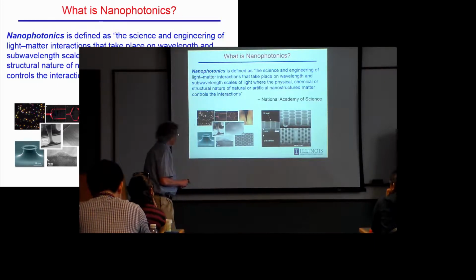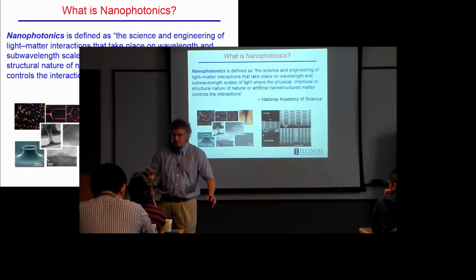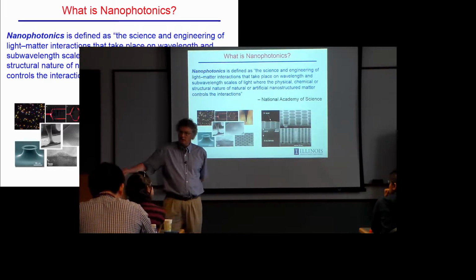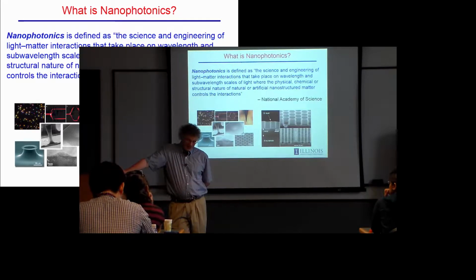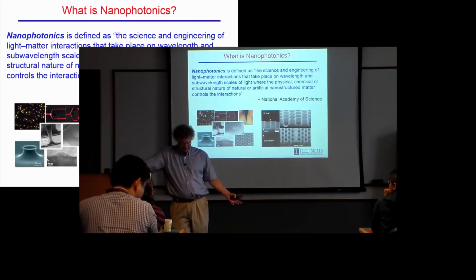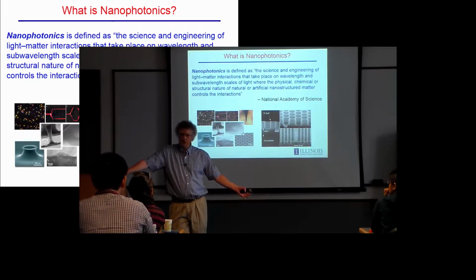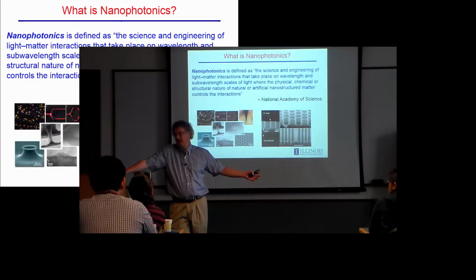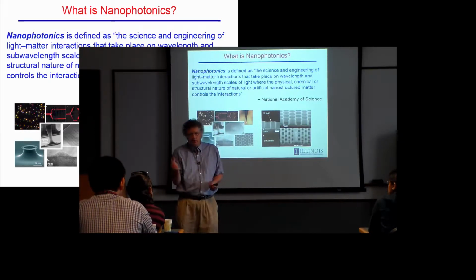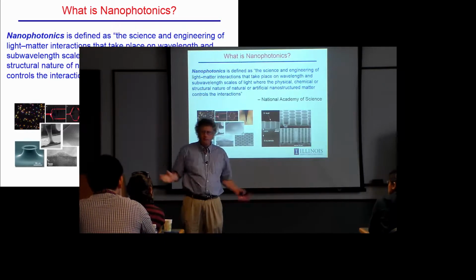So in nanophotonics, what we're saying is that this interaction is going to be over a length scale of nanometers. Now, nanometers is actually a pretty appropriate length scale for matter, because we talk about atoms. How big is an atom? Well, if you take a hydrogen atom, we can ask, how big is the cloud of electrons around it?